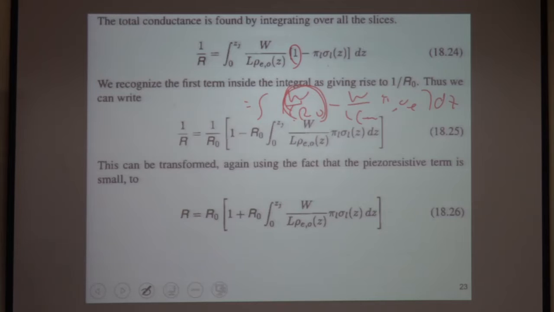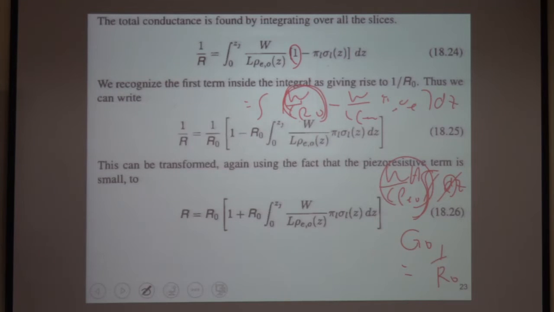So you can move everything out for the first term, and you get W L rho E0 times the integration of dz. Integration and differentiation cancel out, so this is the total thickness H. This term is the original conductance, G0, and G0 equals 1 over R0.